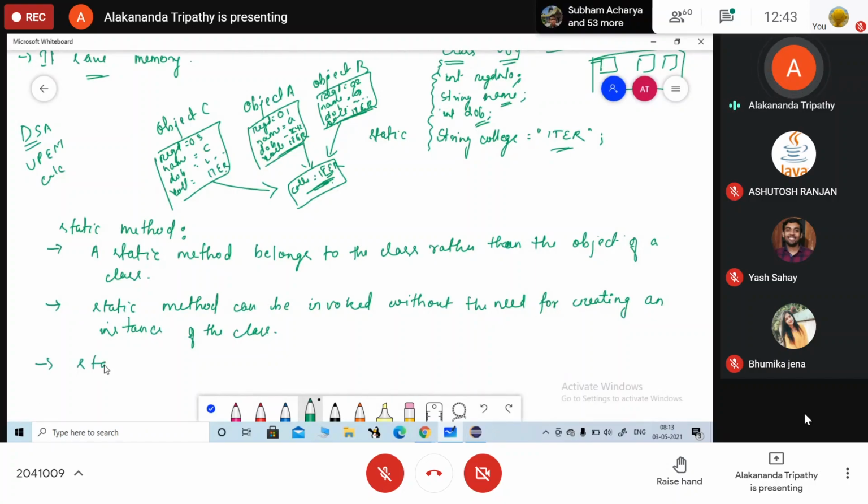Next, a static method can access static data members and can change the value of it.